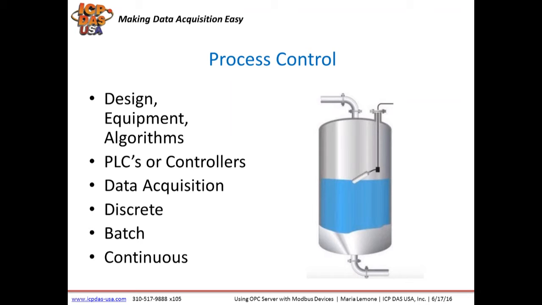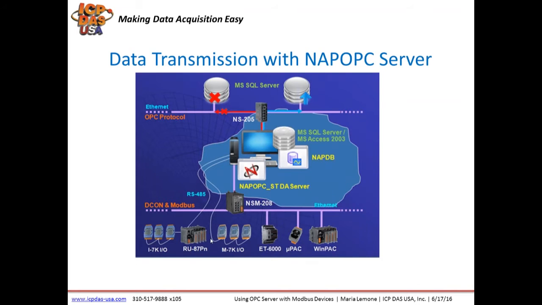It's process control where the same kind of product needs to be produced over and over, like motion and packaging applications. Batch process control is where you combine specific amounts of raw materials for specific amounts of time for production like glue. Continuous process control is where a system is ongoing, like wastewater treatment, chemical manufacturing, and plastic production. NAPOPC Server can be used in all of these types of applications.